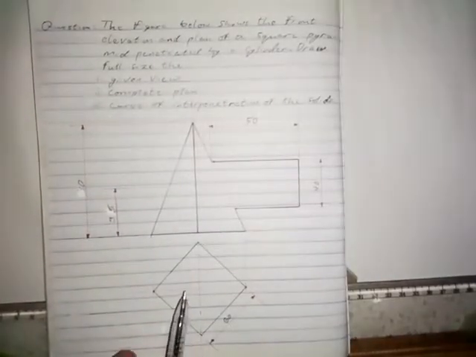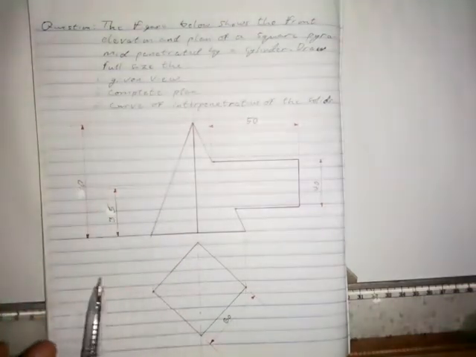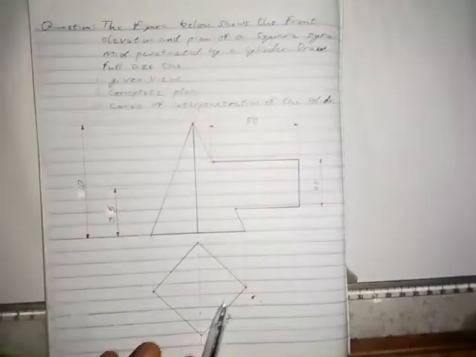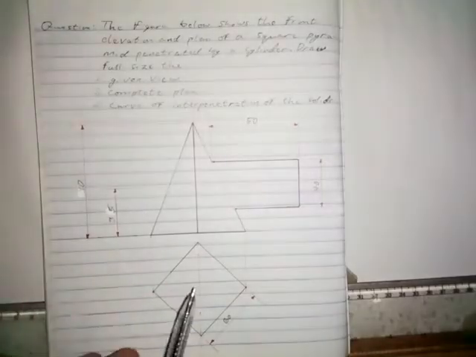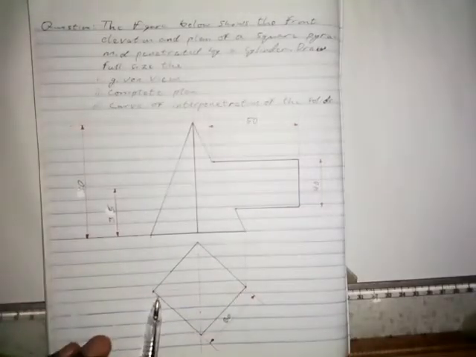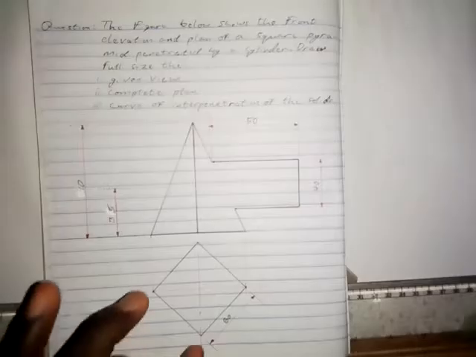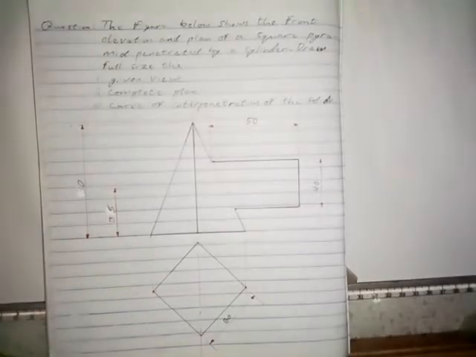Now, we are going to start with the construction of this square, which is the base of the square base pyramid. As I said, the length of side is 60 millimeters. To construct a square positioned in this form, I usually calculate the length of diagonal of the square, then divide it by 2 and take that as a radius to construct the square.